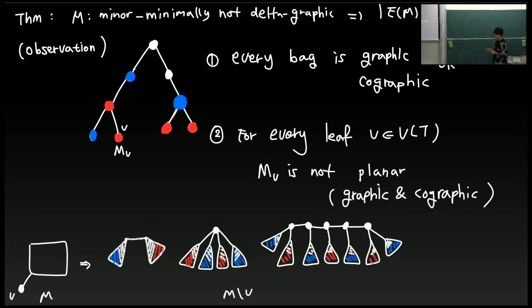So you can get a tree decomposition like this, as I said before. When you recover M, the tree decomposition structure is preserved. So we can conclude that M is delta-graphic, which is a contradiction. So this gives a proof of the second observation.